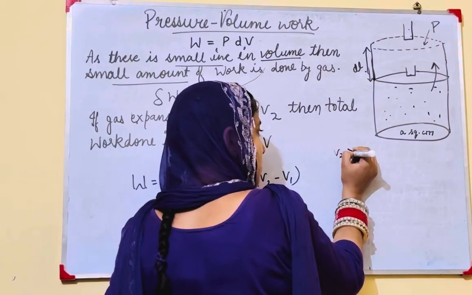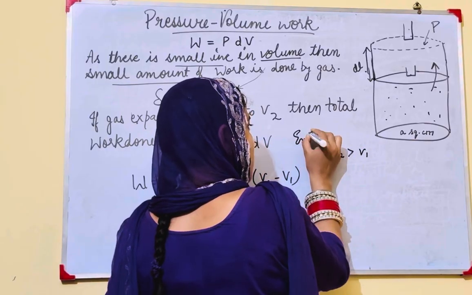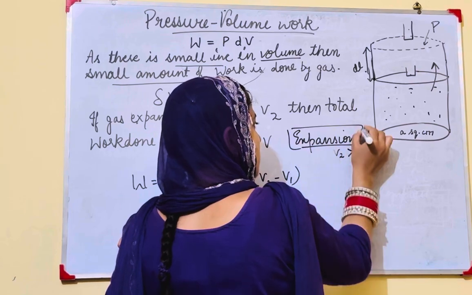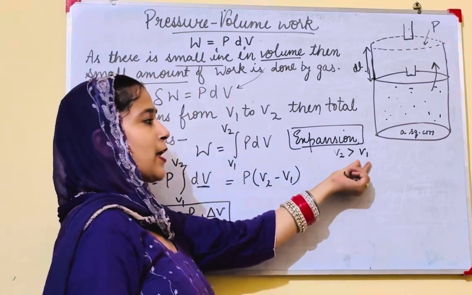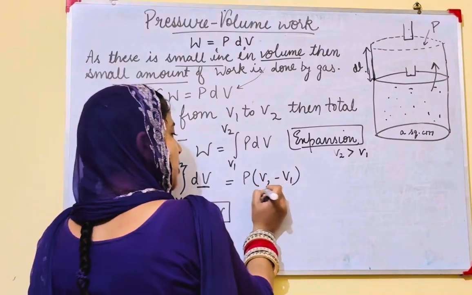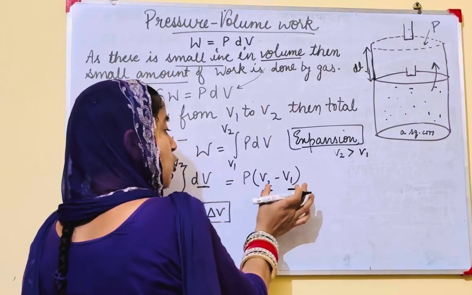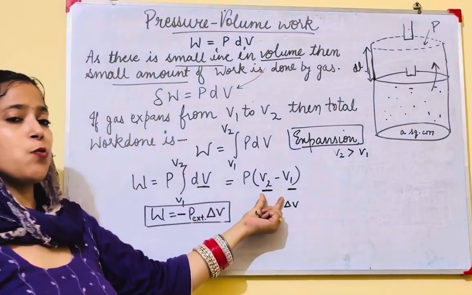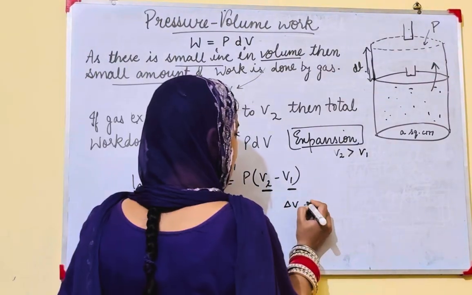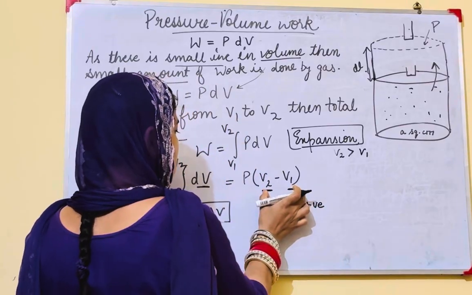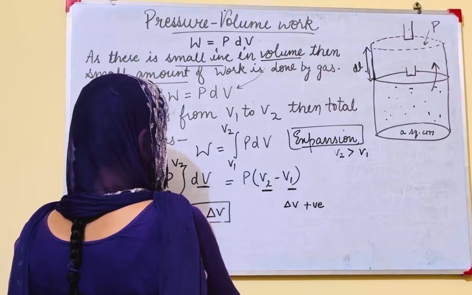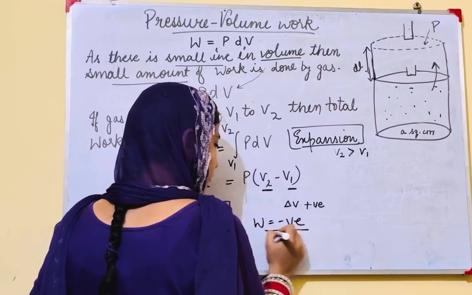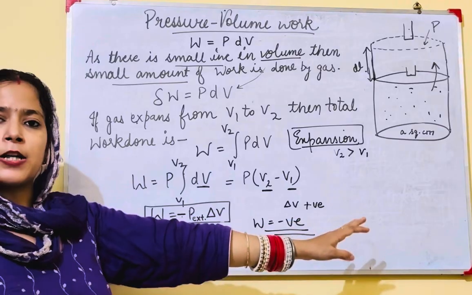Final volume will be more than initial, so V2 is greater than V1. Then delta V will be positive. If delta V is positive and there is a negative sign in front, the overall expression will be negative. So this is work of expansion.